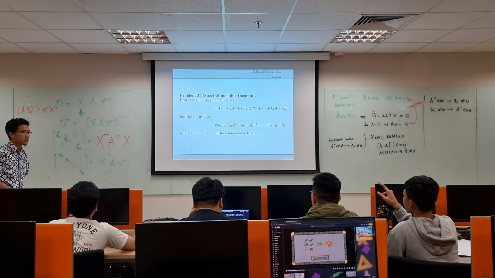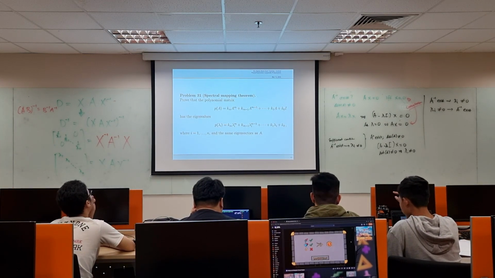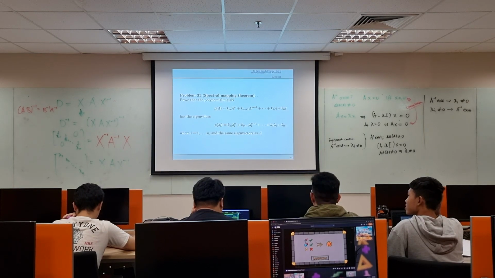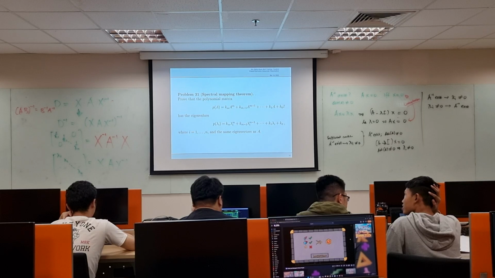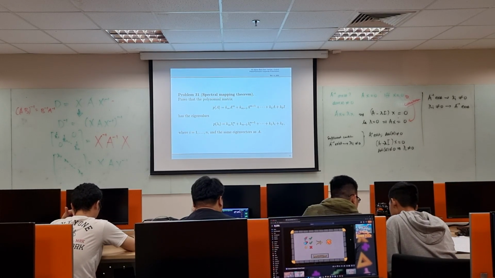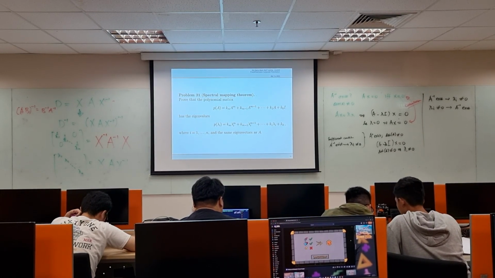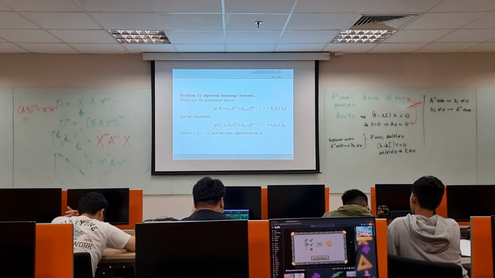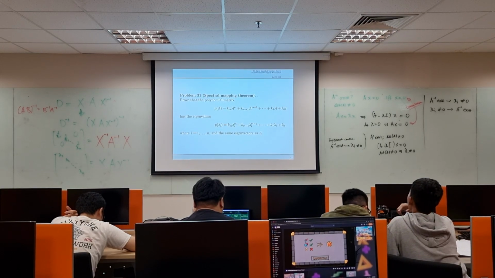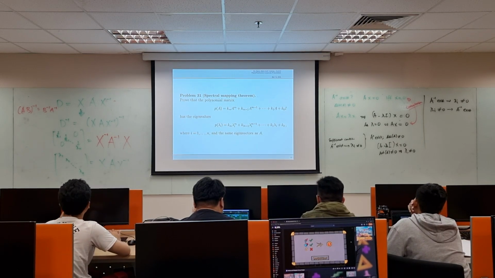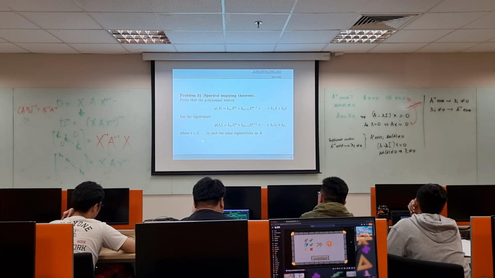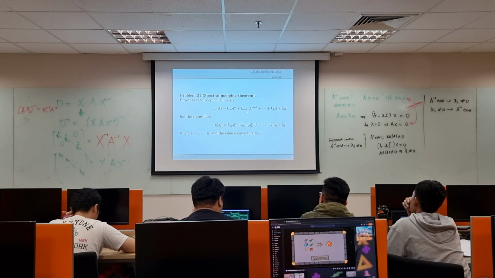X A to the power of m X inverse. Yeah, that's for the power. This is X inverse times A X, that's the difference. Then we have the k_m minus 1. The k_m first.